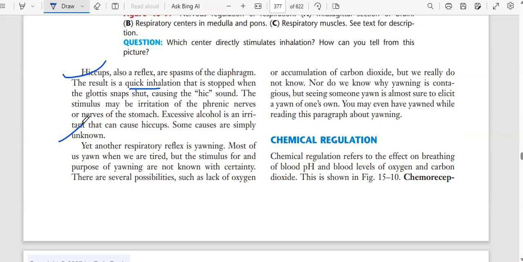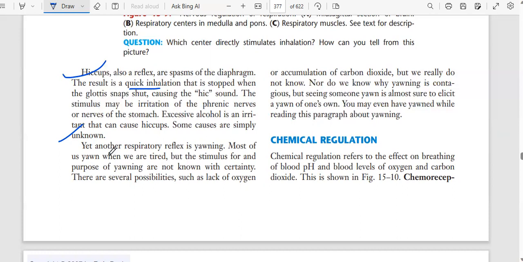The impulse coming from the medulla to the phrenic nerve will be given very rapidly to cause the hiccups. It will get to the glottis. The glottis opens its mouth rapidly, then the hic sound will happen. But the reason is mostly unknown, often due to diaphragmatic weakness, and other reasons are given here.